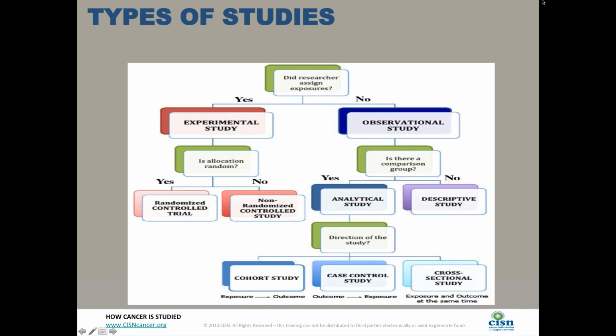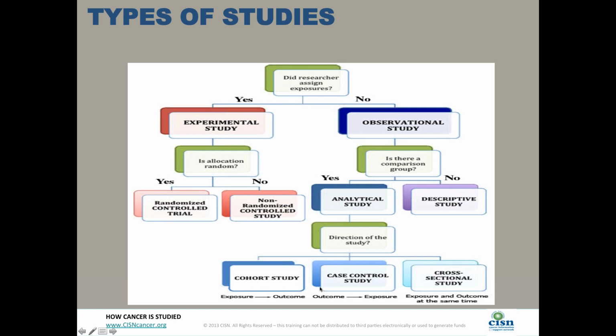So here are the kinds of epidemiology studies. It turns out that 99% of them are these observational analytical studies. And in observational studies, there can be a comparison group, and it can be a cohort, a case control, or a cross-sectional.